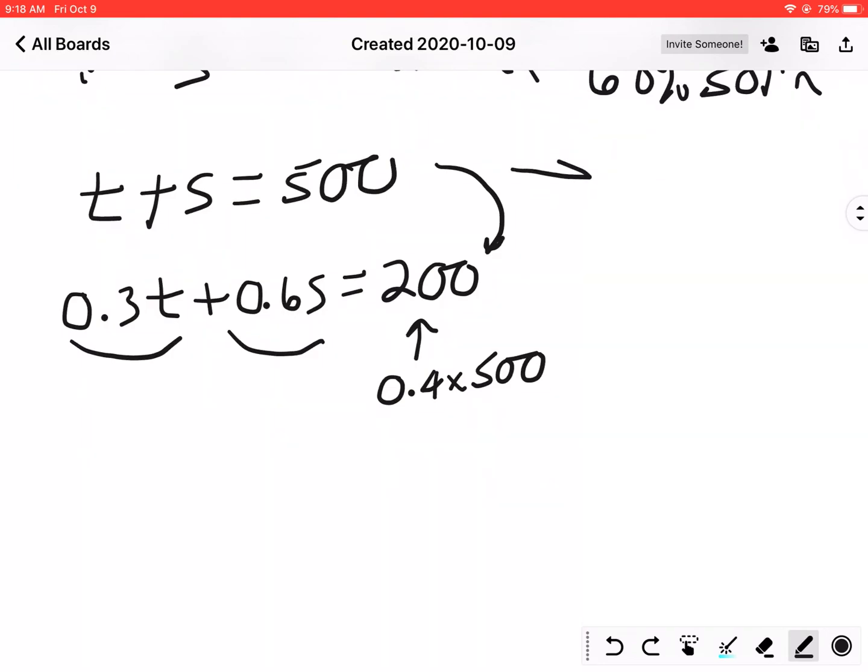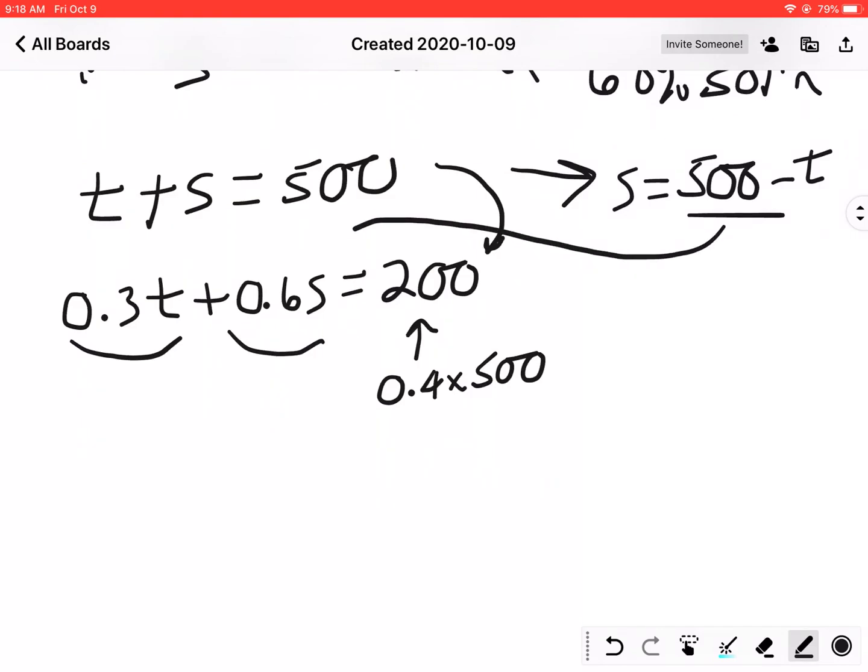I'm going to take this and I'm going to isolate the S, meaning I'm going to get S by itself by subtracting T from both sides. And then that is what's going to go in right there.